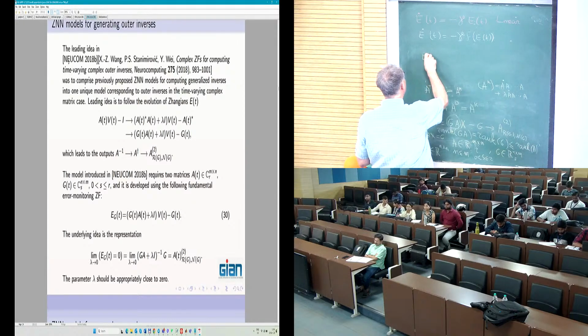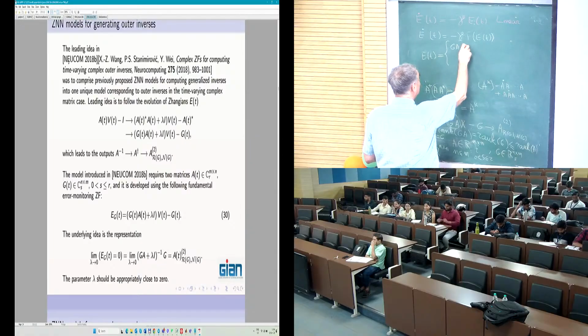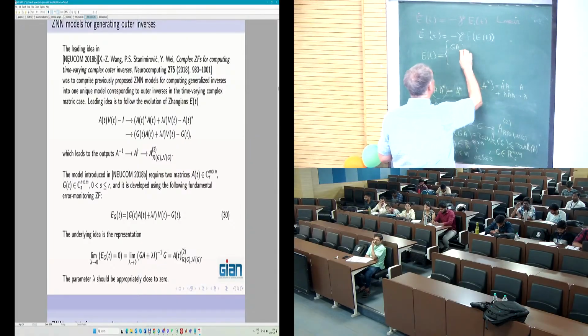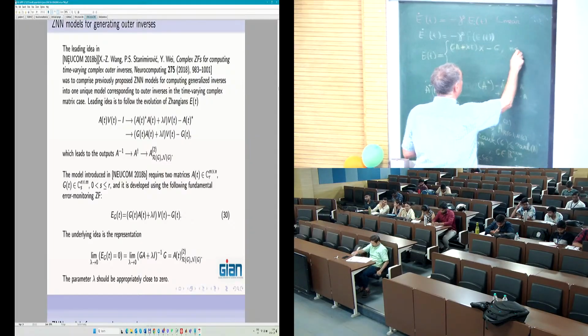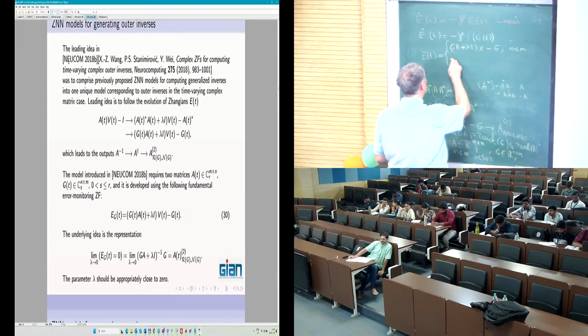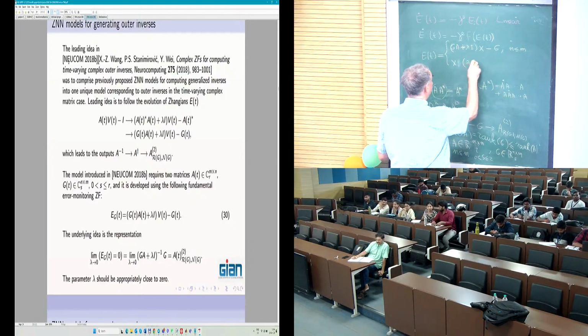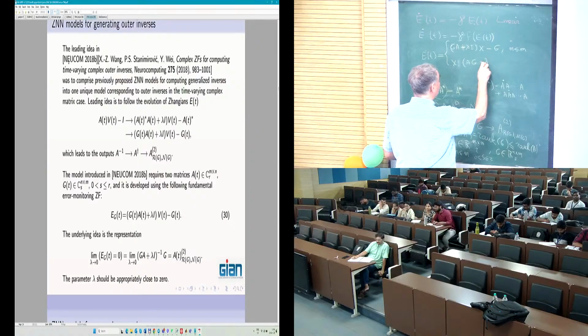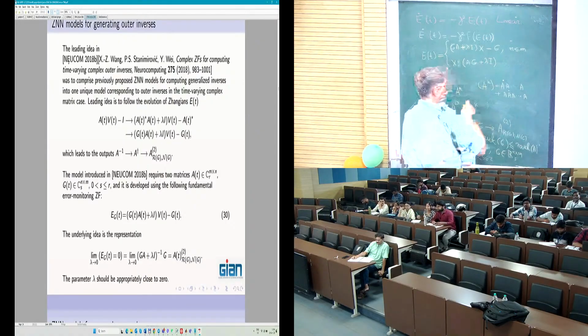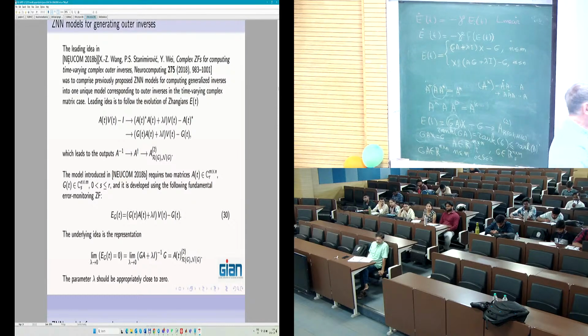So E of t should be defined as X the same, plus lambda I in the case where n is less than or equal to m, or AG plus lambda I in the dual case, because of invertibility.